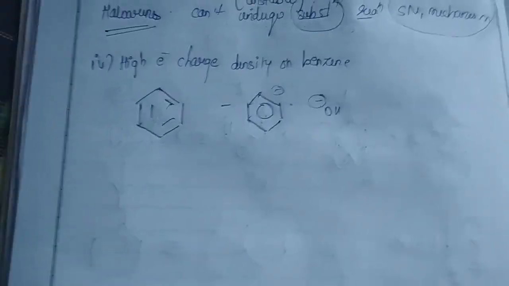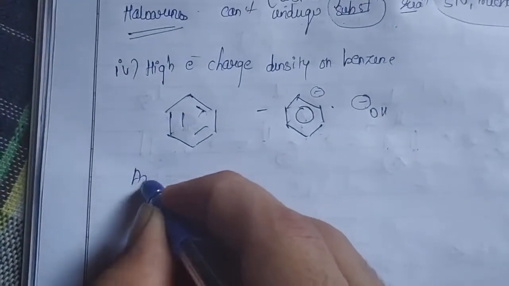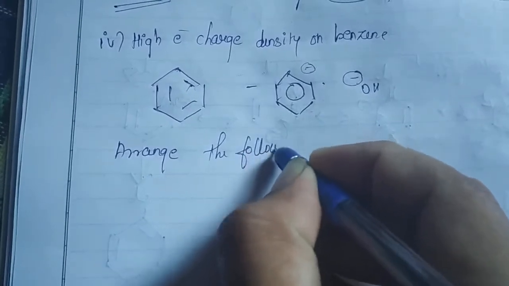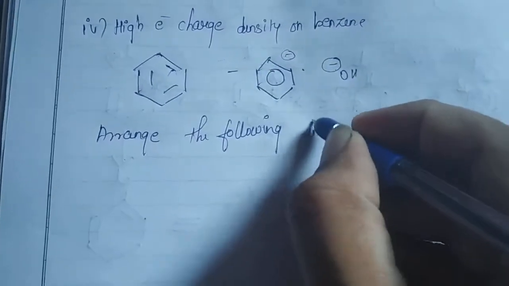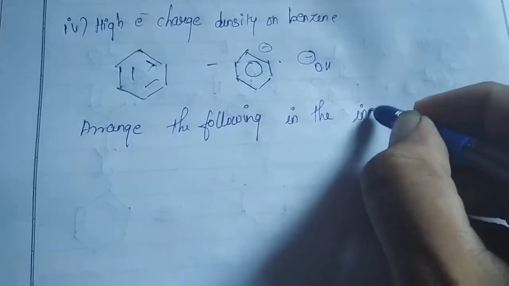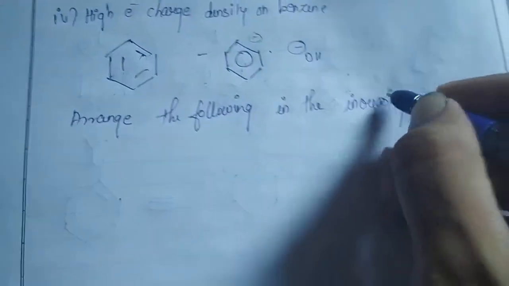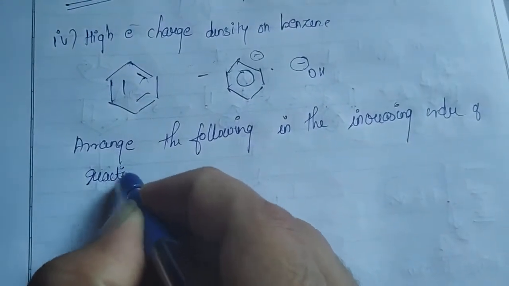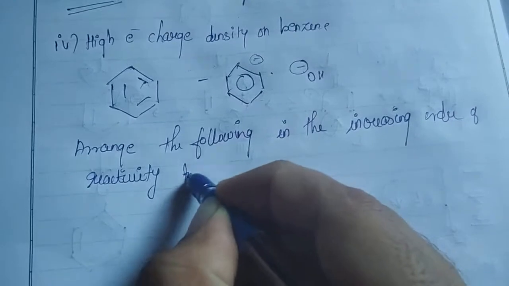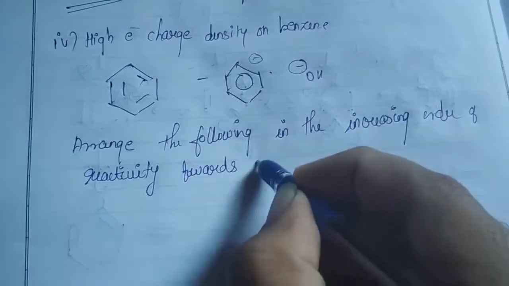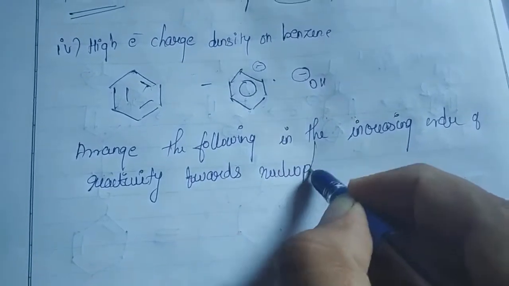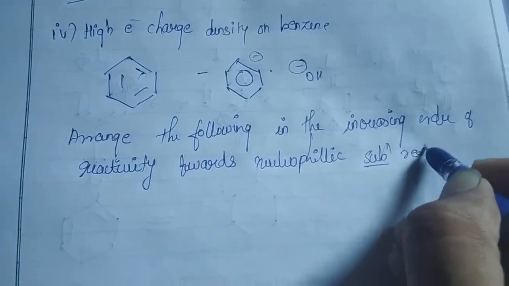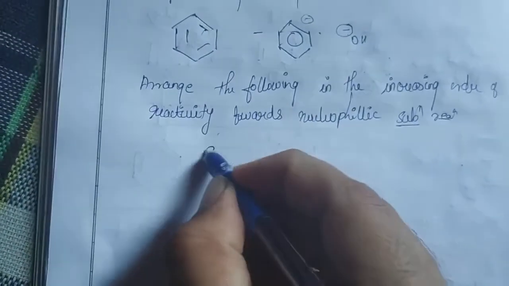So in case you have been given a question, arrange the following in the increasing order of reactivity towards nucleophilic substitution reaction, and you have been given, I'm just going to give you 2 important parts.